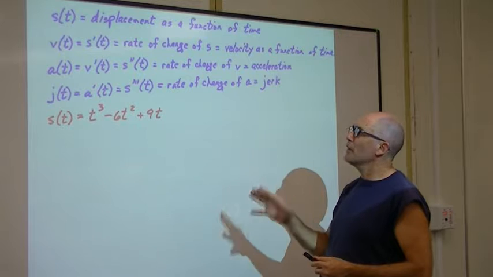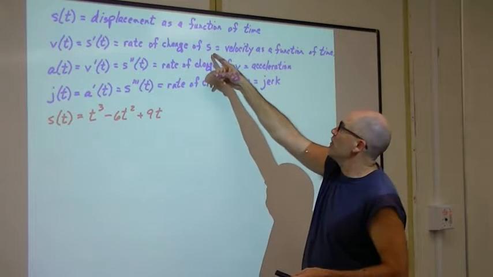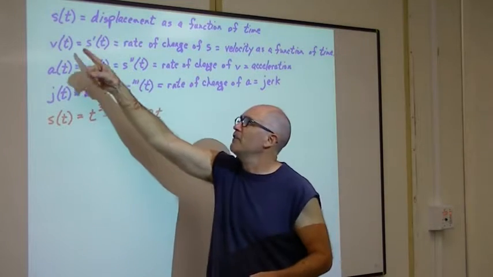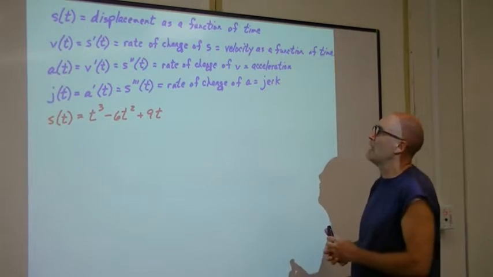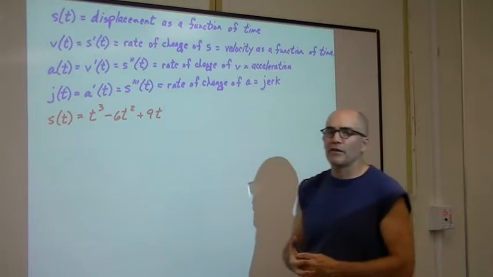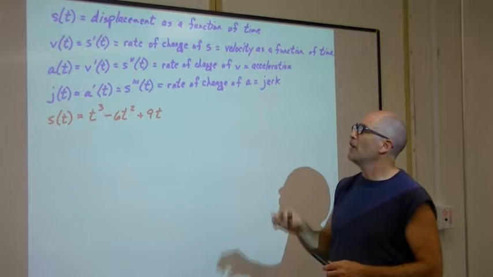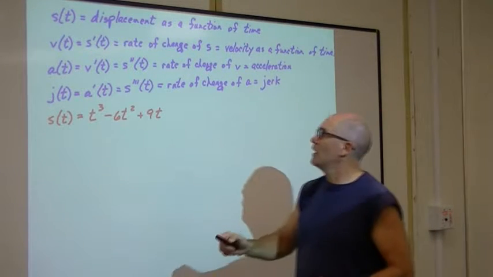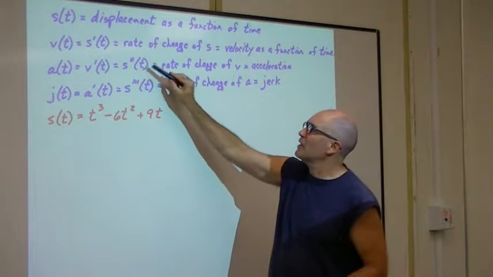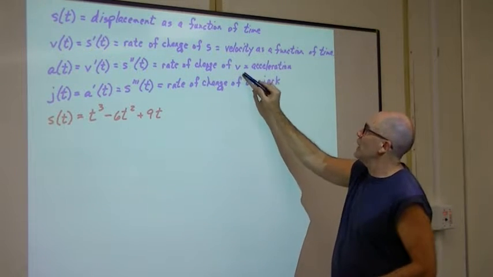If I take the derivative of that, I have the rate of change of s, which ends up being the velocity. V of t is the velocity as a function of time, the first derivative of displacement. If I take the derivative of the velocity, I have the acceleration, which is the second derivative of displacement, the rate of change of velocity.